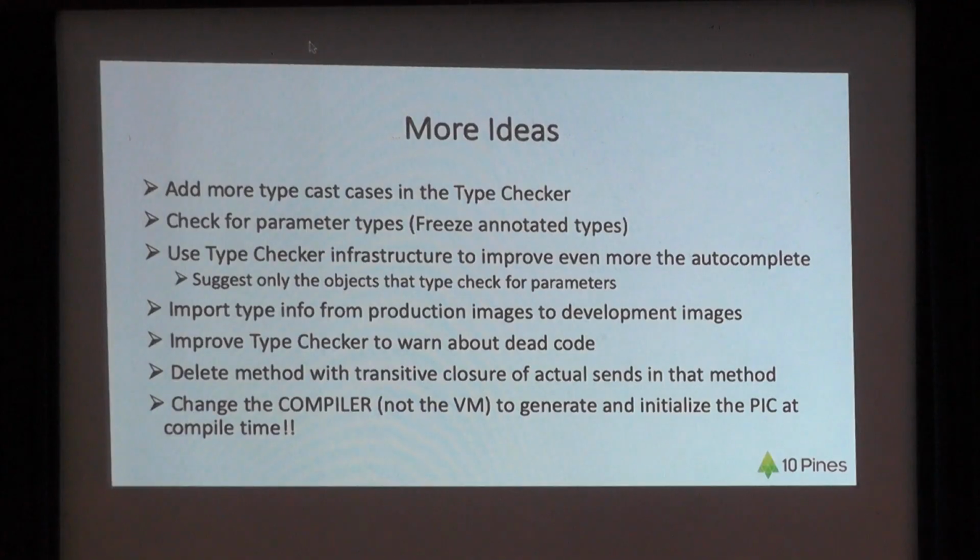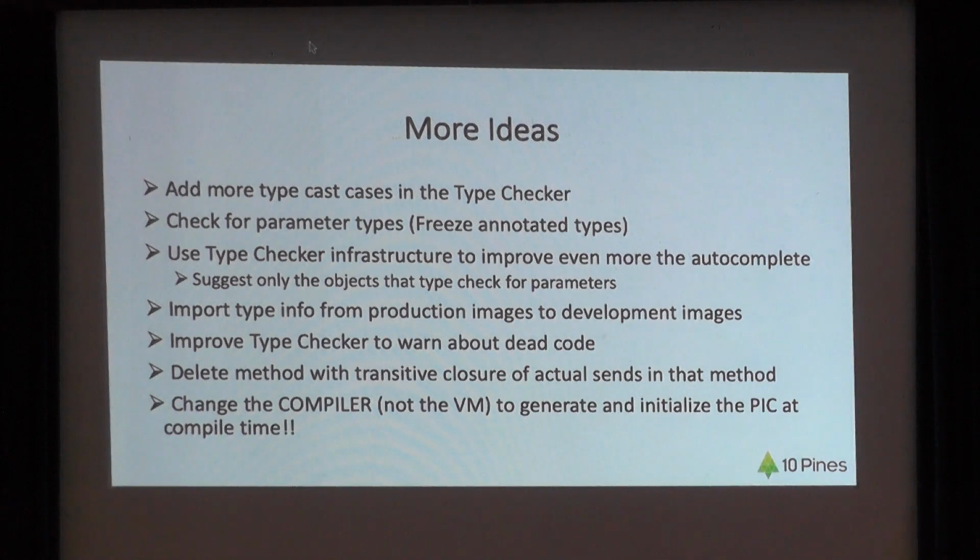A way to say I want to freeze the parameter types of this message to be able to type check parameters also, to improve the type checker. The autocomplete could use the type information for the parameters to see what objects you can send as parameters.